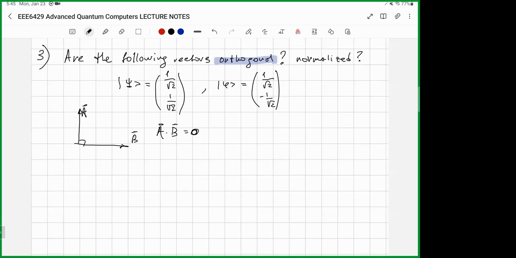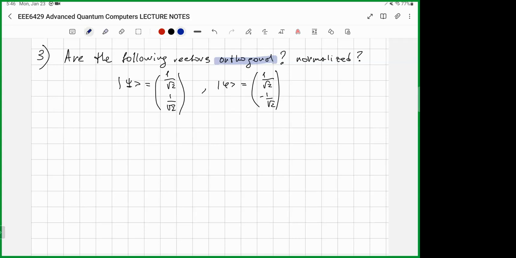Or in other words, the projection of vector A on vector B is 0, or the projection of vector B on vector A is 0. This is the same in this space.